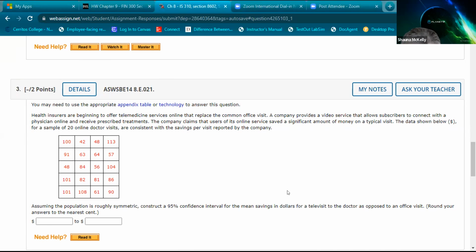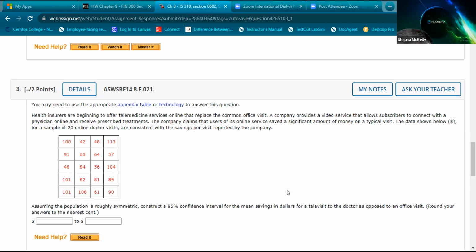You're going to put the data in a single list in your calculator, not four separate columns, but just one column of numbers. Okay, I did that. Actually, you don't need X bar, it'll compute it for you, but if you have it, that's fine too.